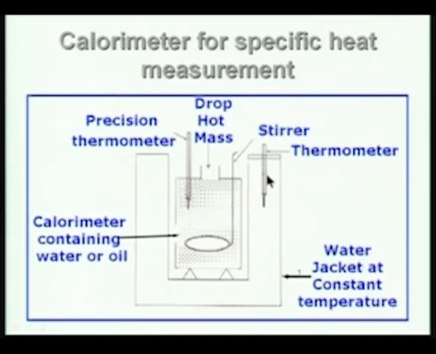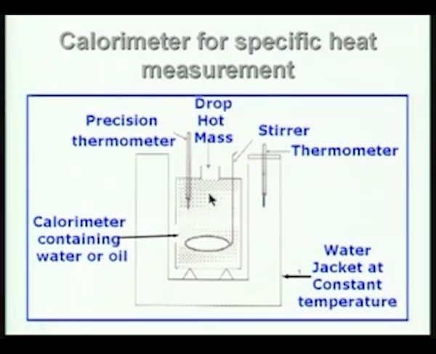So, the experiment is very simple. You take a certain amount of the material, usually in the form of beads or pieces, whose thermal specific heat I want to measure, and heat it separately in a different environment. For example, you can put the material inside an oven, bring it to the desired temperature, and immediately transfer it by dropping it into the calorimetric vessel.